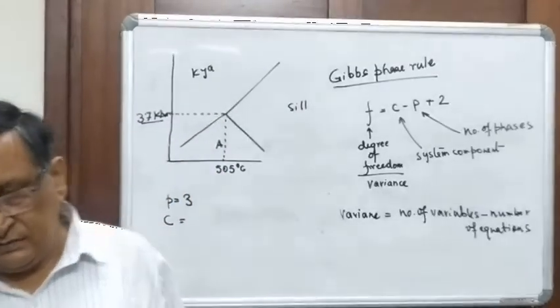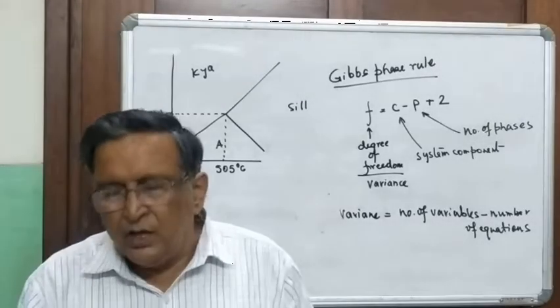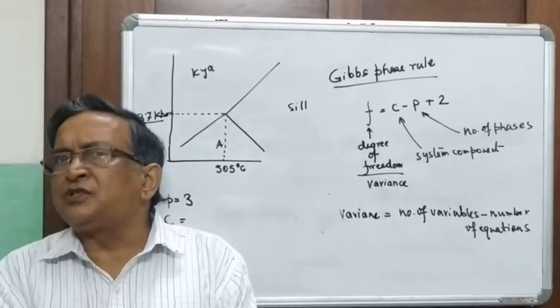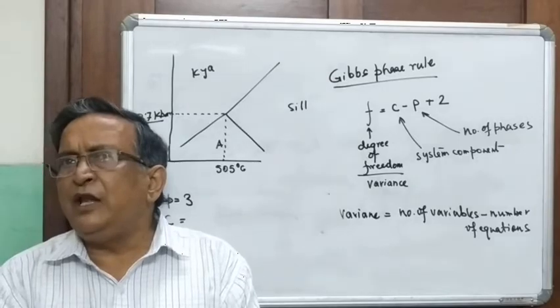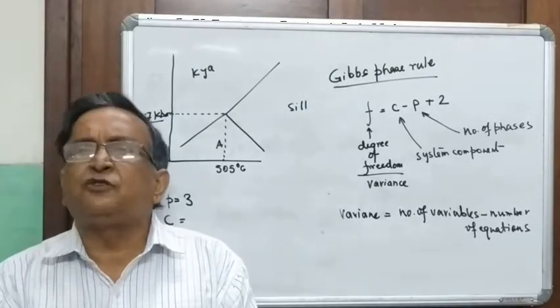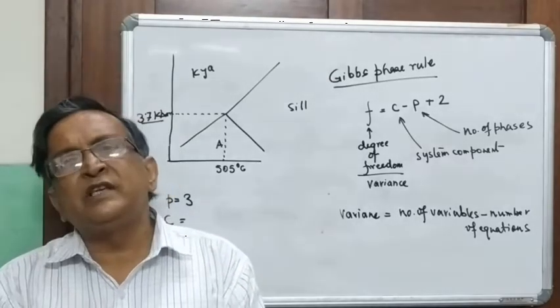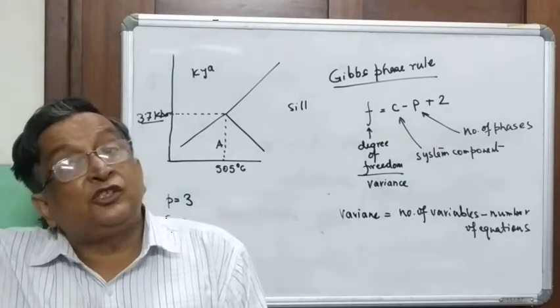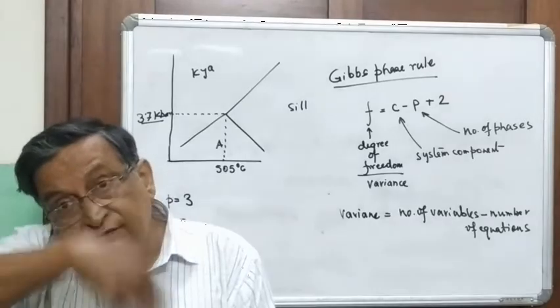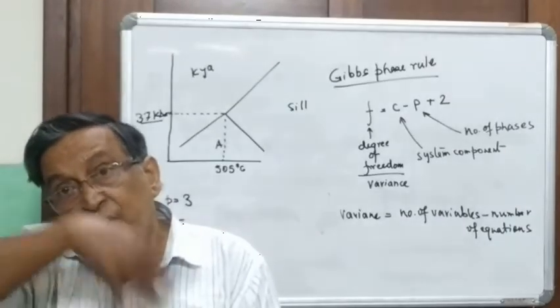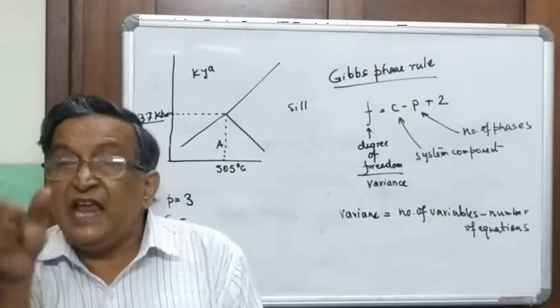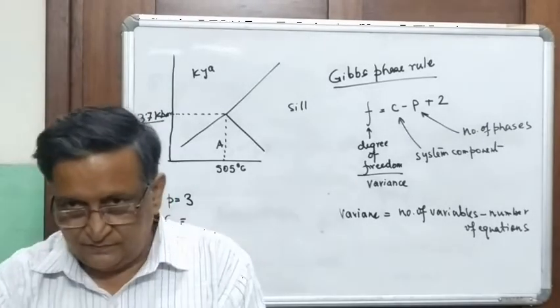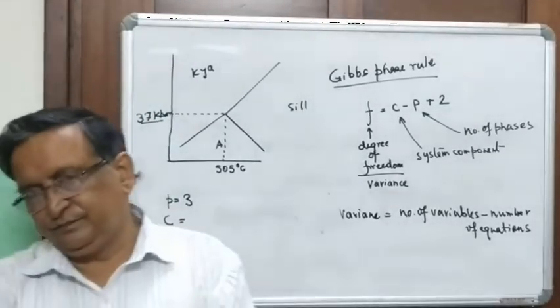It means he has told you that all the phases, sillimanite, kyanite and andalusite, have the composition Al2SiO5 and nothing else. Have you understood?